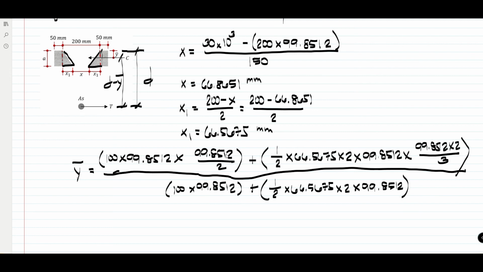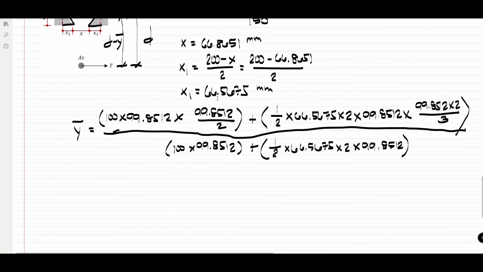So, yan na ngayon yung ating y bar. So, calculating that using our calculator, we could have a value of y bar equivalent to 56.5764. So, this one will be in mm. So, yan ngayon yung ating y bar.